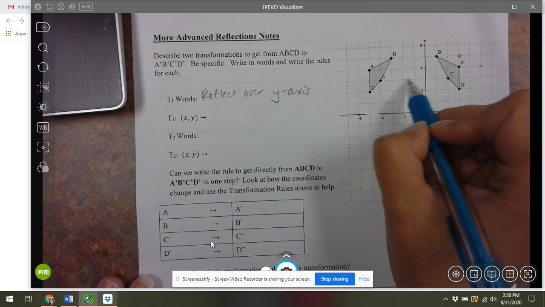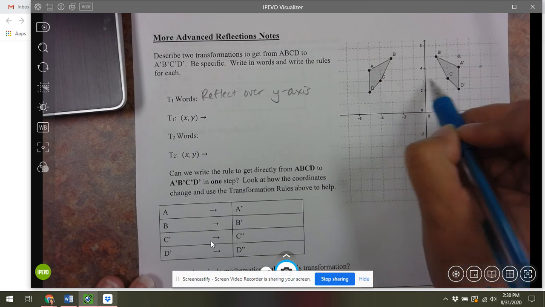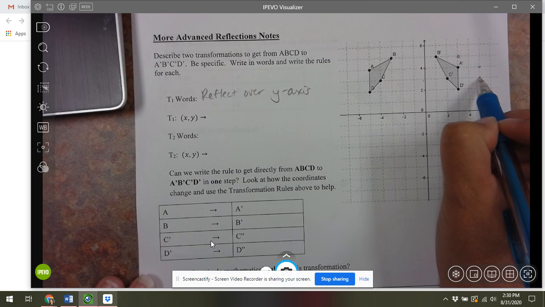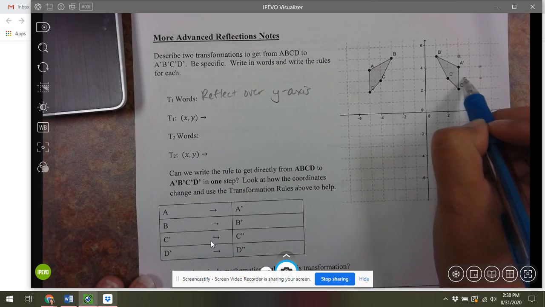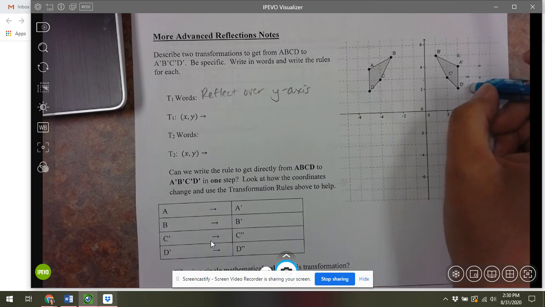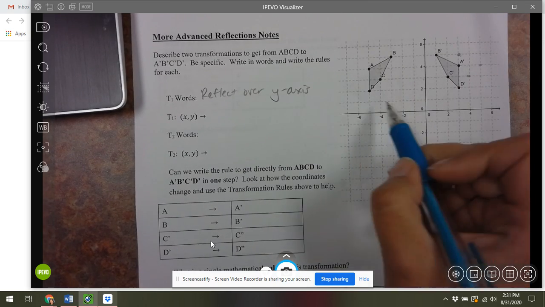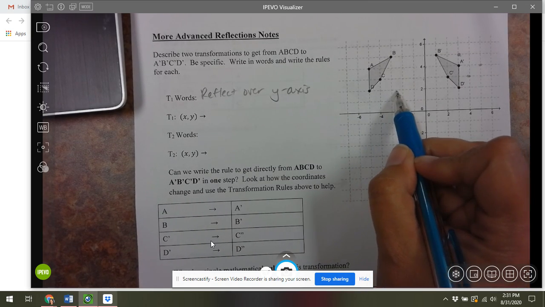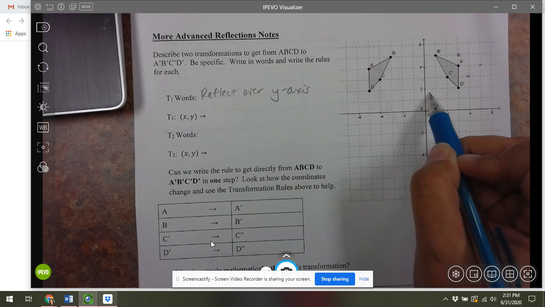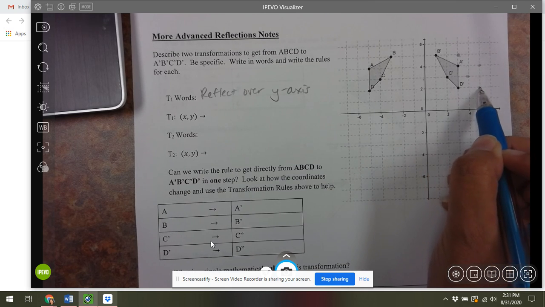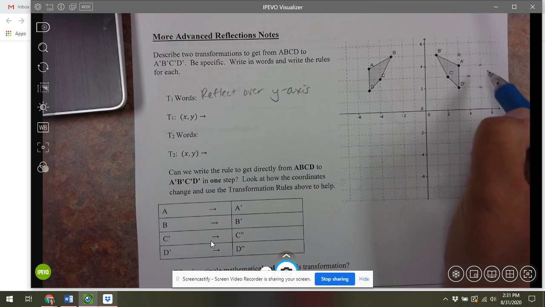C is 4 away, so I would go another 4 away, which is here. Sorry, I put it in the wrong spot. And then D is 1, 2, 3, 4, 5 blocks away, so 1, 2, 3, 4, 5 blocks away. And that would be the shape, but that's not what I had.